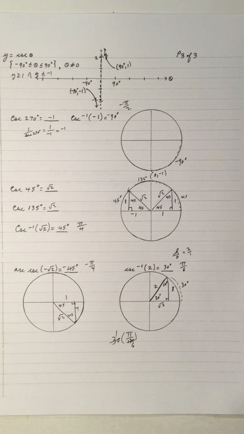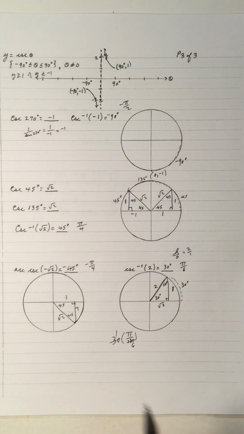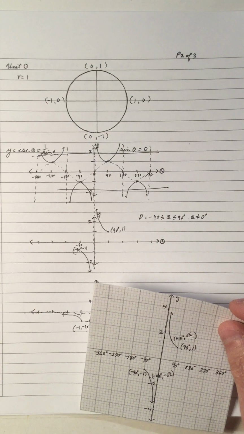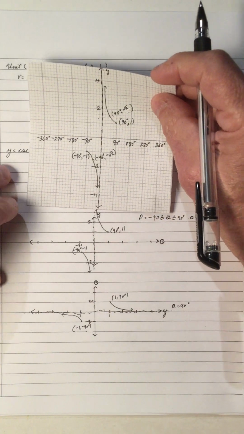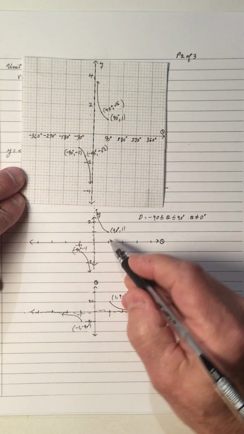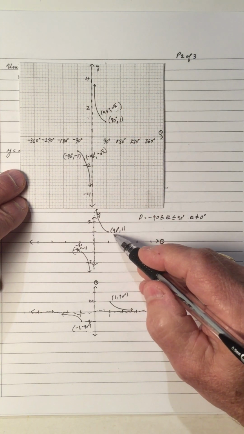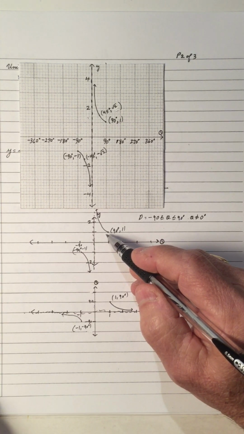And I forgot, like I did before, let's go back and look. On the previous example, I forgot to show you the flip. So this graph that we have right here, this restriction I have right here, is where we restrict the cosecant graph.